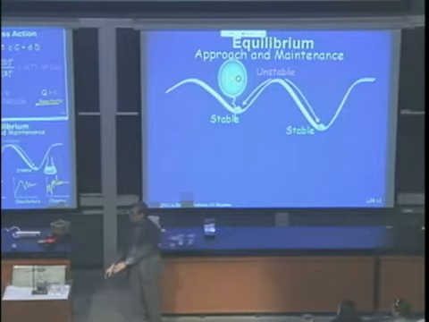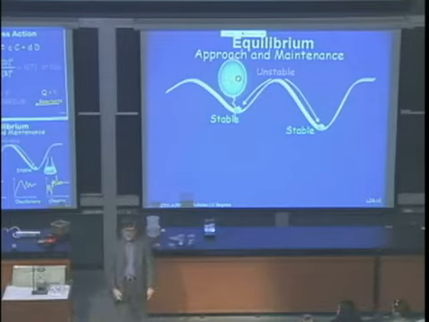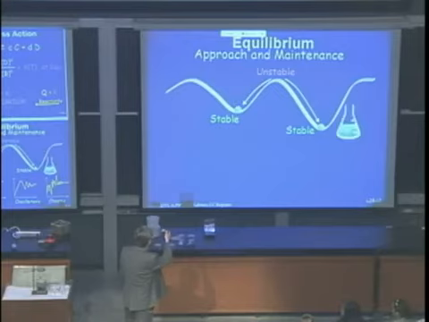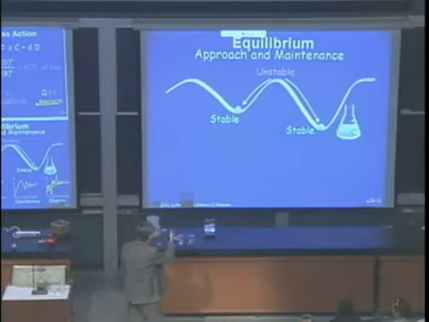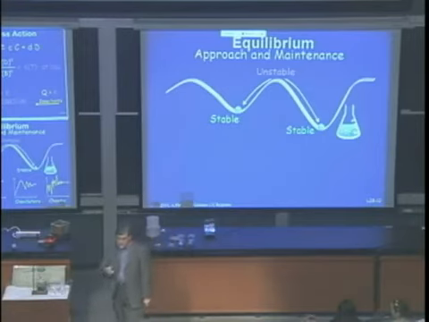Otherwise, it wouldn't have happened. It wouldn't be delta G negative. And we then reacted it and made water, okay? And so this is now the lowest free energy state, and we essentially were in equilibrium.